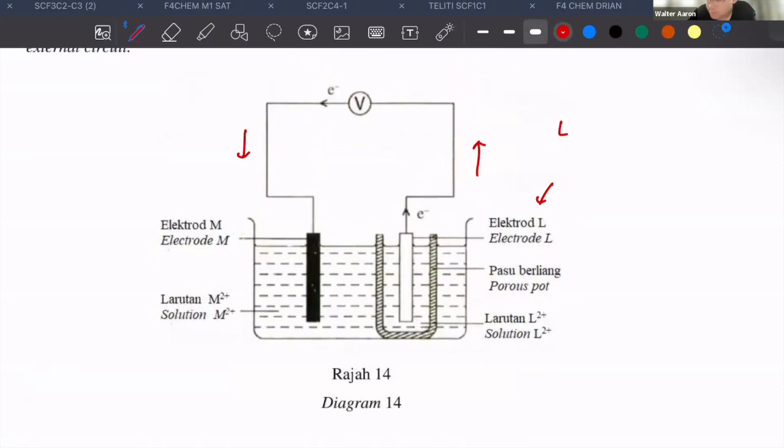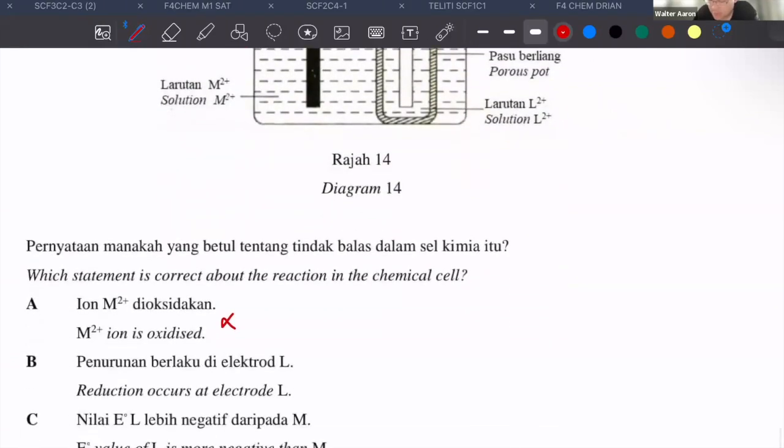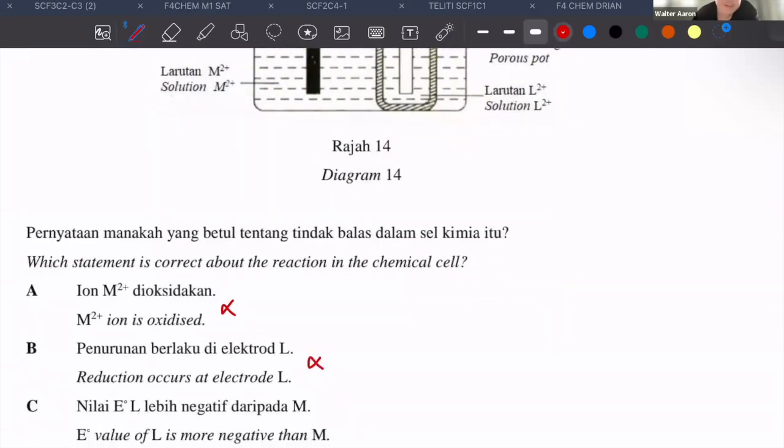So L will be the one that dissolves to form L2 plus and releases the electrons. So electron will travel through the external circuit and then it will come back down to M. So L is the one that undergoes oxidation process, not M2 plus, so wrong. Reduction occurs at L. Like I said, it's supposed to undergo oxidation, so it's wrong.